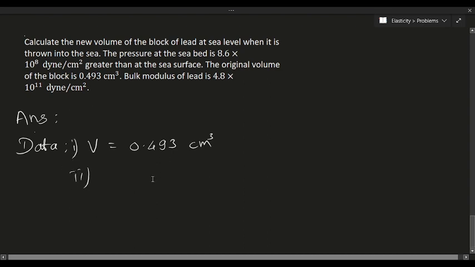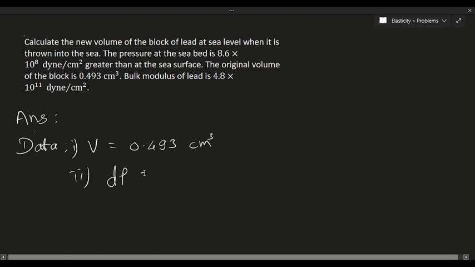Second, we are given the pressure increase at the seabed is 8.6 into 10 raised to 8 dyne per centimeter square. So already there is atmospheric pressure when the block is outside the sea, on the ground, and when it is taken to the seabed, the pressure increases by 8.6 into 10 raised to 8 dyne per centimeter square.